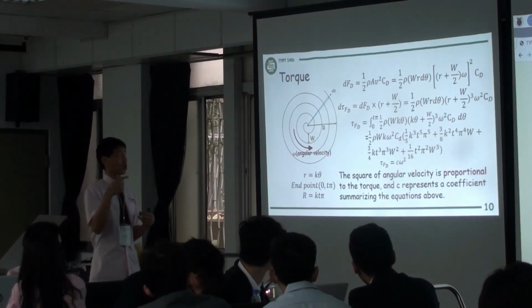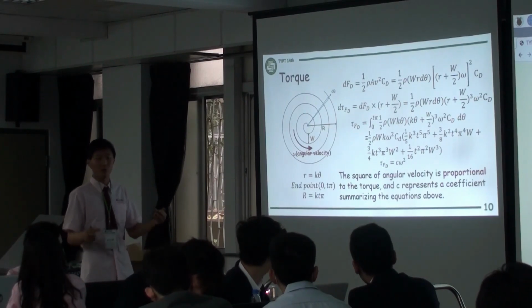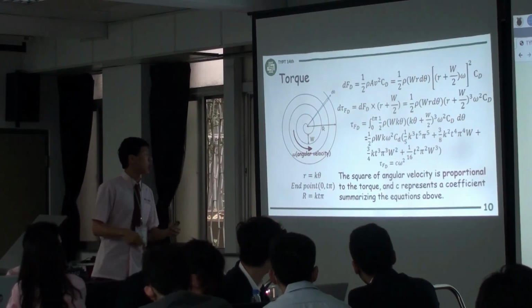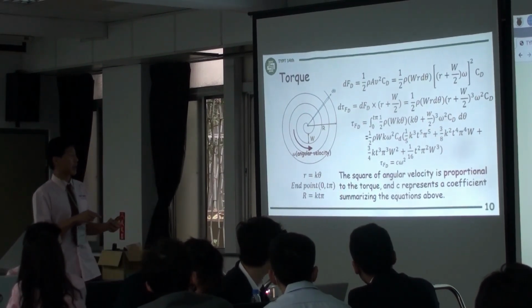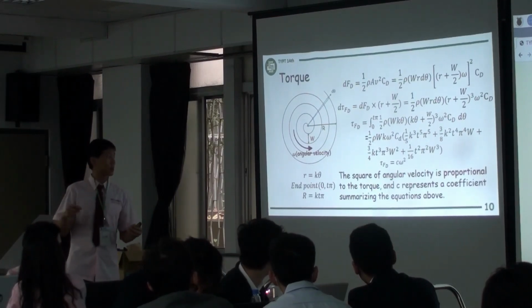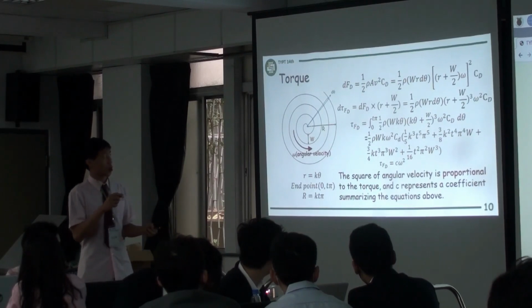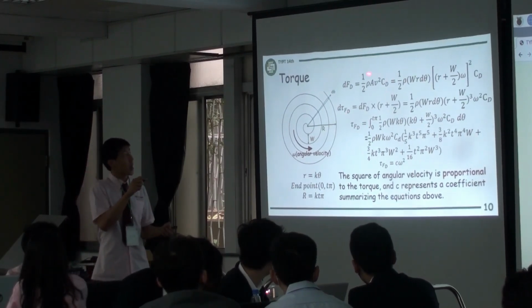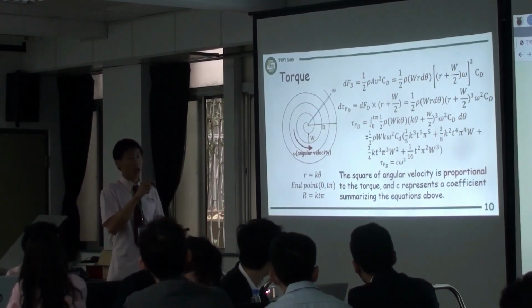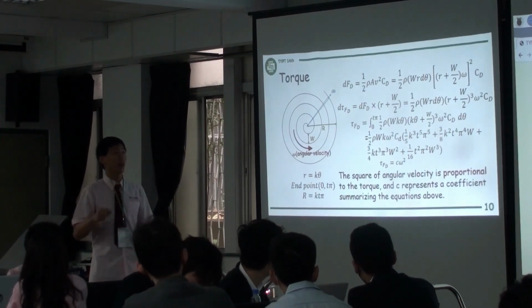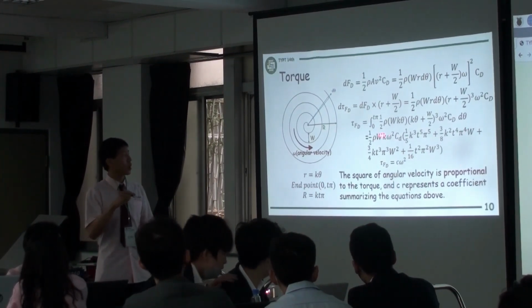So we draw the r equals kθ, and then we print it out to cut out the spiral. So the endpoint will be θ = π, and r will equal kπ. Here we take a small portion of drag force and we do some integration into this formula.